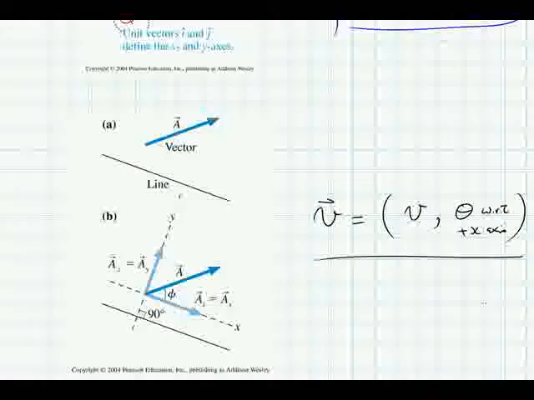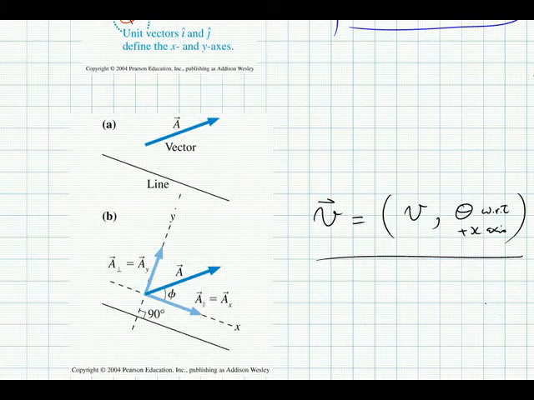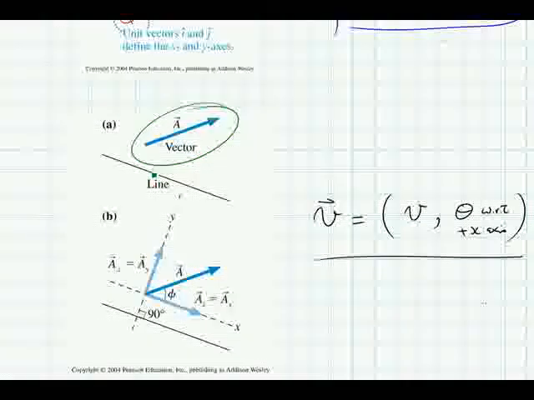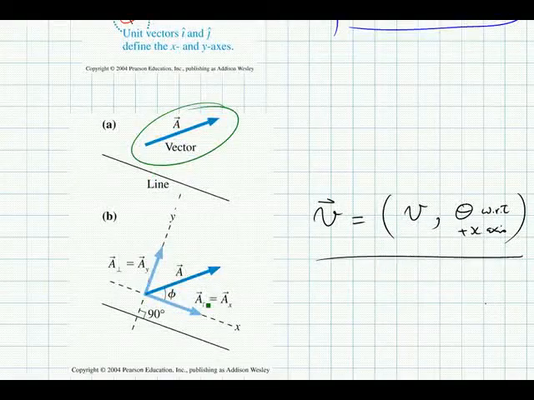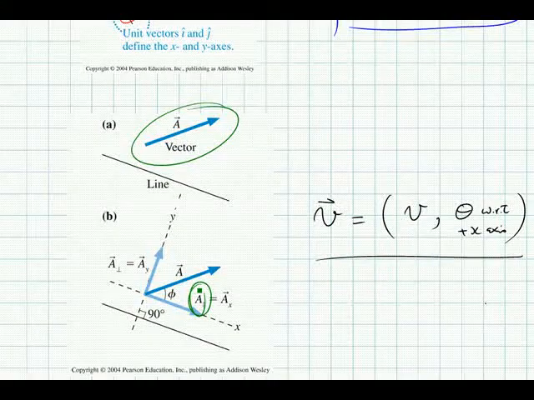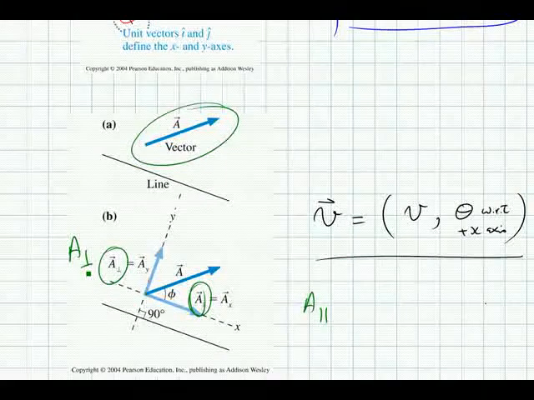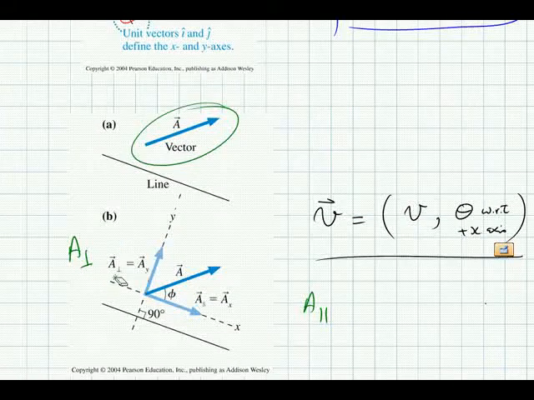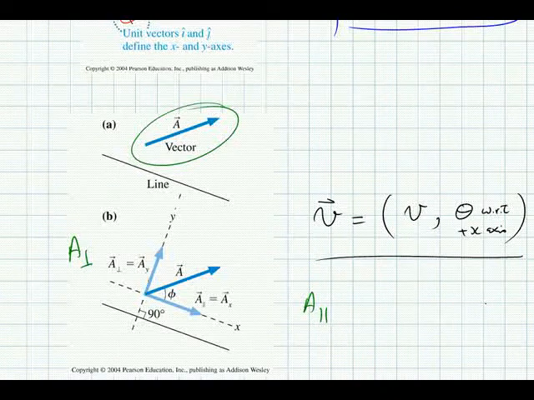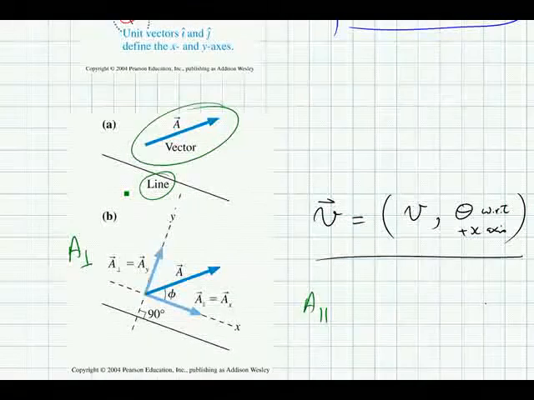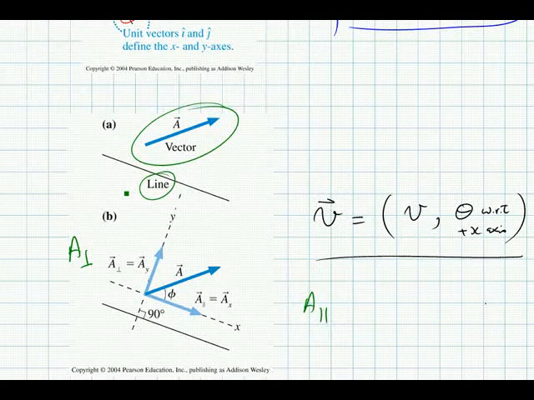In some cases, we will encounter where we decompose our vector a, which makes an angle with respect to some arbitrary line here. We can decompose our vector a into what we call the parallel component and the perpendicular component, a parallel and a perpendicular, by which we mean parallel to that arbitrary line that we had defined and perpendicular to that arbitrary line that we had defined.